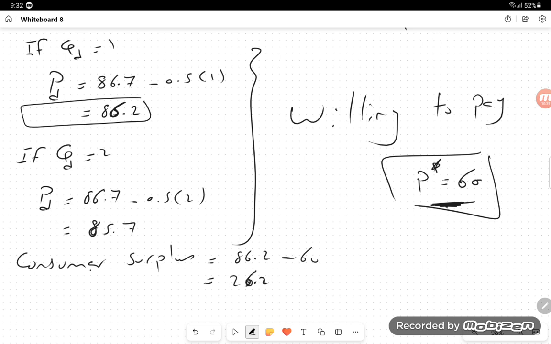So there is a surplus of 26.2 in this case. If they are going to buy 2 units, not 1 unit, it will be 85.7 minus 60. So it will be 25.7, and so on.